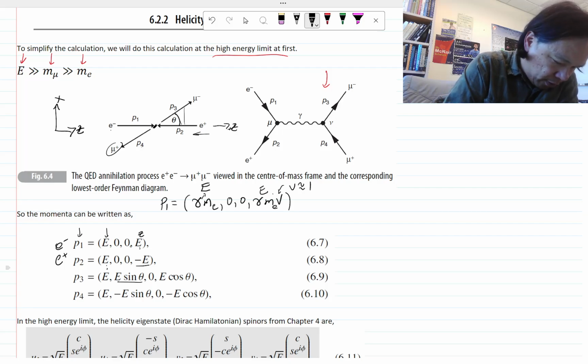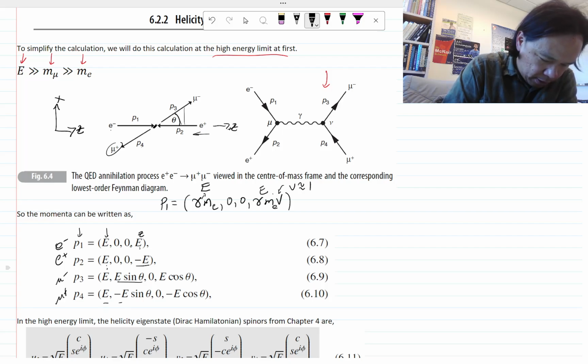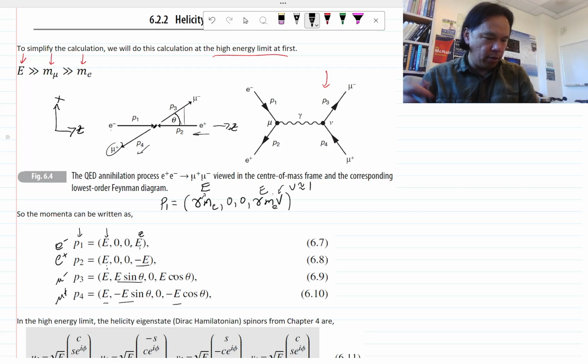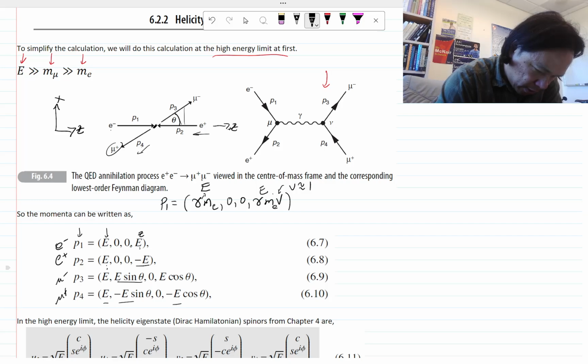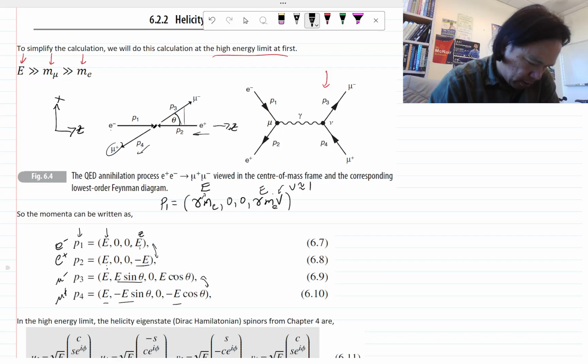And then P4, so this is the mu minus, this is the mu plus, P4 is going to be very similar, but it's going to be in the negative direction, just because they're both going to go in the opposite direction, right? So one thing to notice is that the electron and positron are always in the opposite direction. The mu plus and mu minus are also in the opposite direction. Okay.